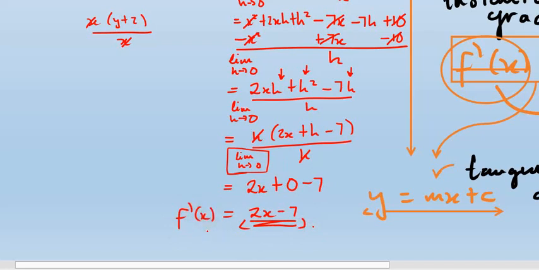Now this means, remember we say that this means gradient. It came from gradient. It means gradient.